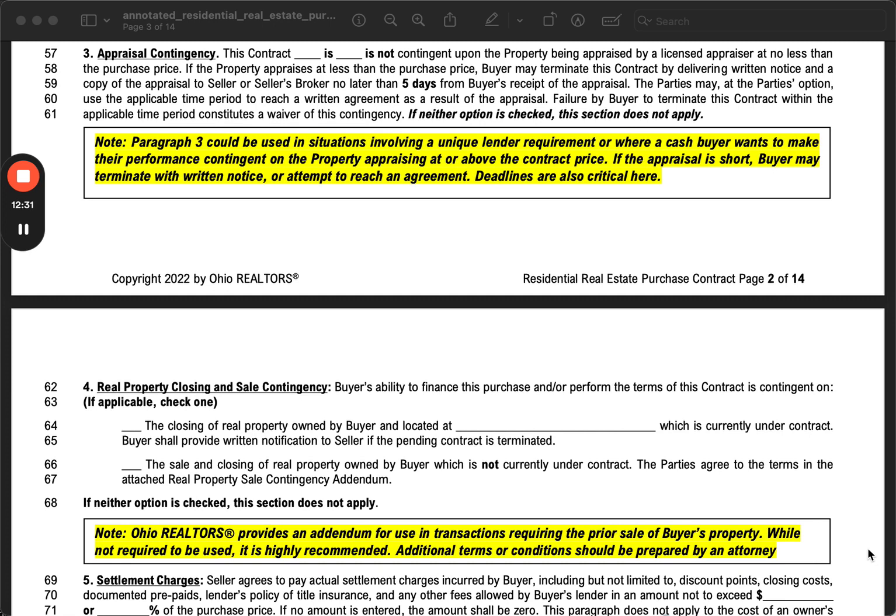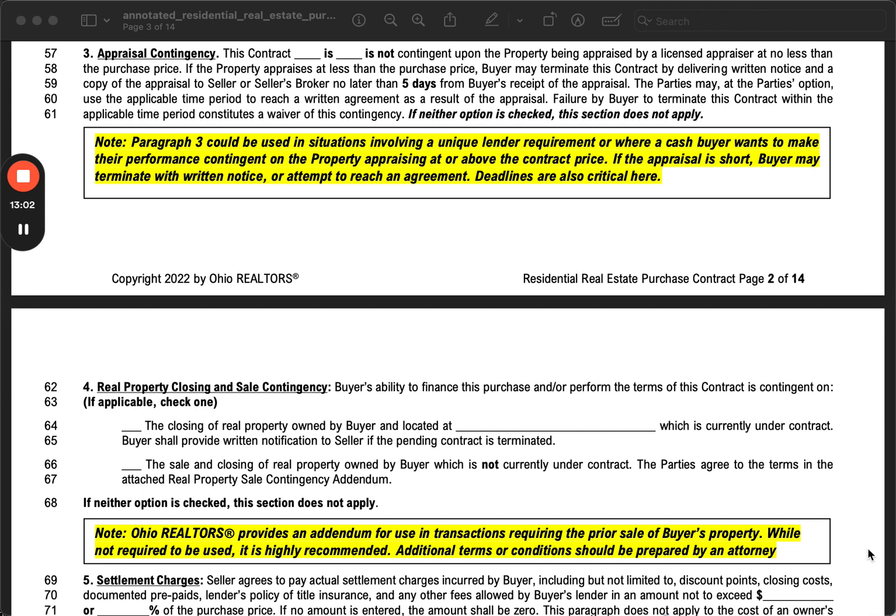Number 3, appraisal contingency. This contract is or is not contingent upon the property being appraised by a licensed appraiser at no less than the purchase price. If the property appraises at less than the purchase price, the buyer may terminate this contract by delivering written notice and a copy of the appraisal to the seller or the seller's broker no later than 5 days from buyer's receipt of the appraisal.